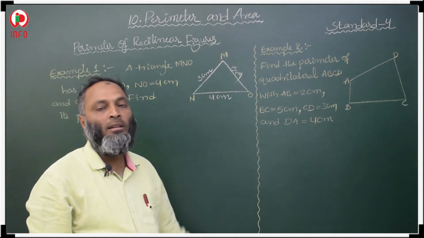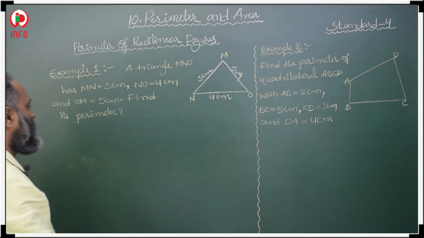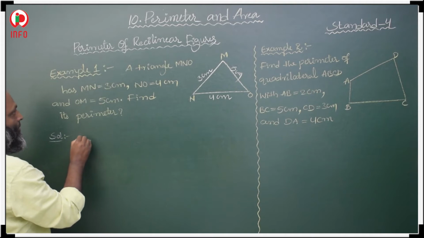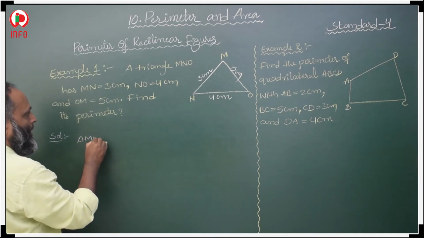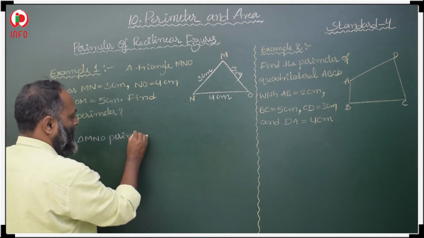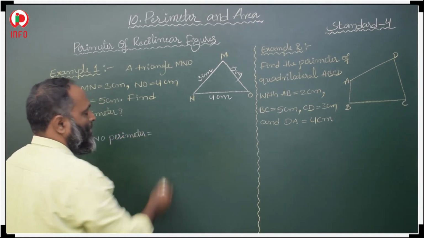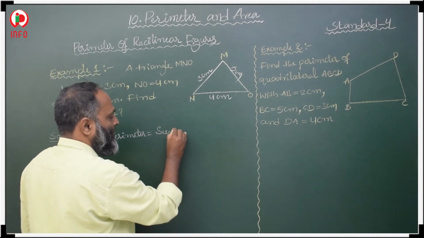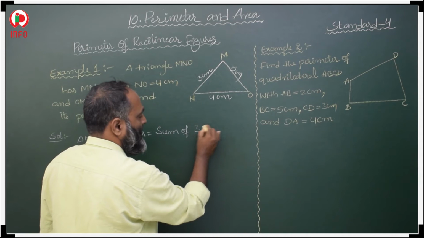Then we should find the perimeter of the triangle. So what is the solution here? Triangle MNO perimeter is equal to the sum of 3 sides.